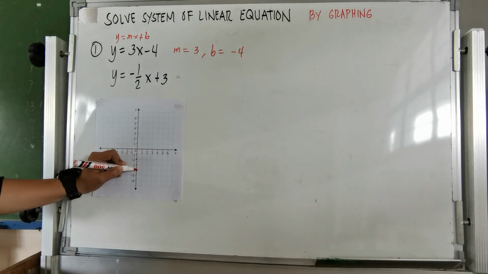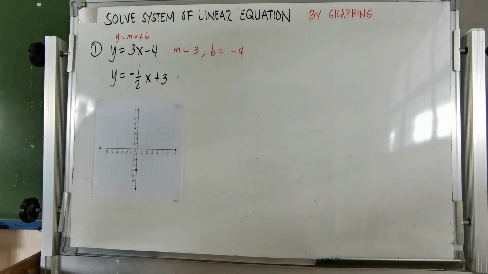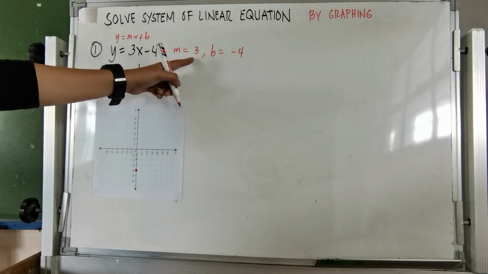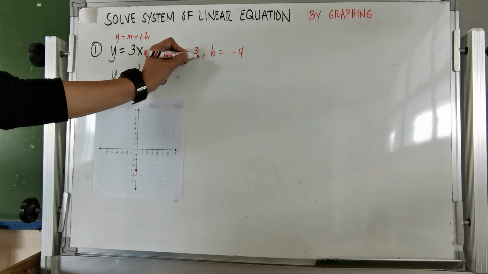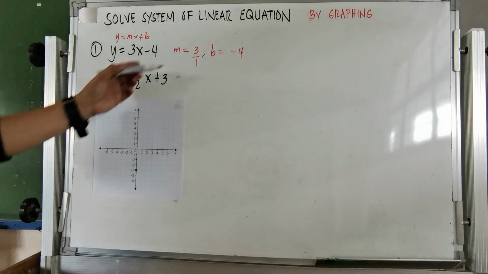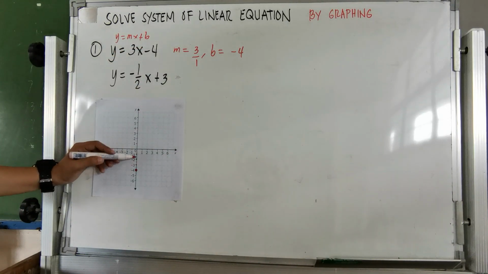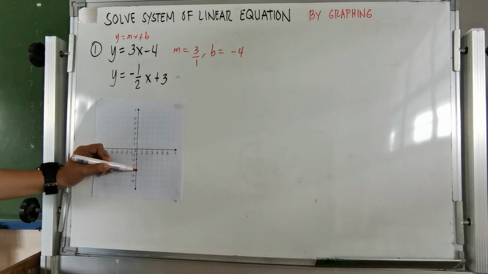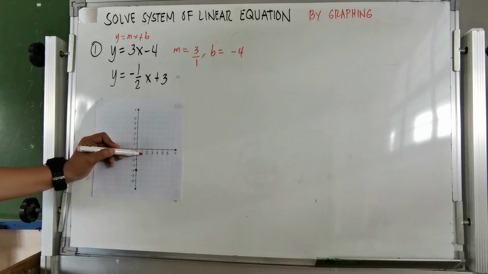So negative 4. And then, since ang ating slope ay positive 3 or whole number, lalagyan natin siya ng denominator na 1 or yung ating run. So positive 3, ibig sabihin 3 units upward from this point, 1, 2, 3, and then 1 unit to the right since positive ang 1.